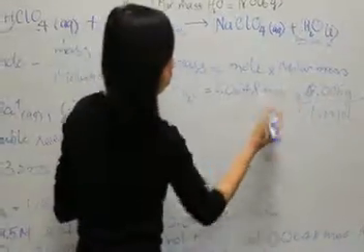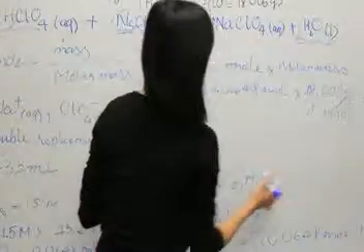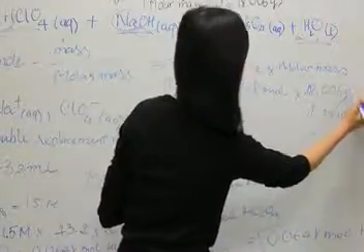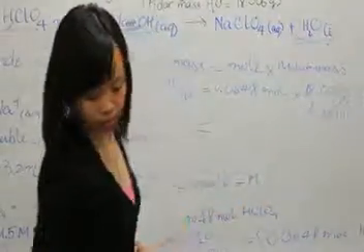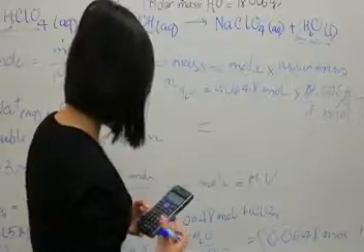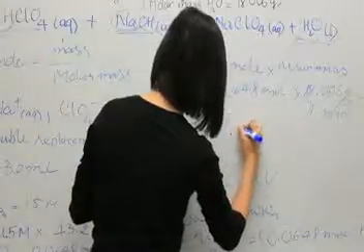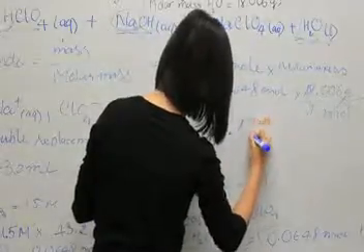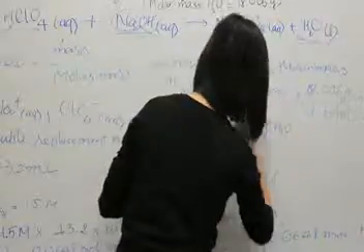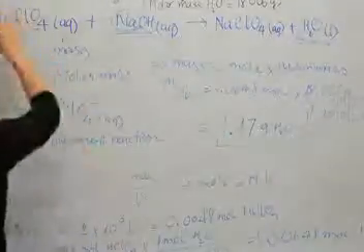So mole here and mole above here cancel, so the only unit that I have left is gram. It's going to lead me to 0.17 gram of water. That is the answer that I'm looking for, number D.